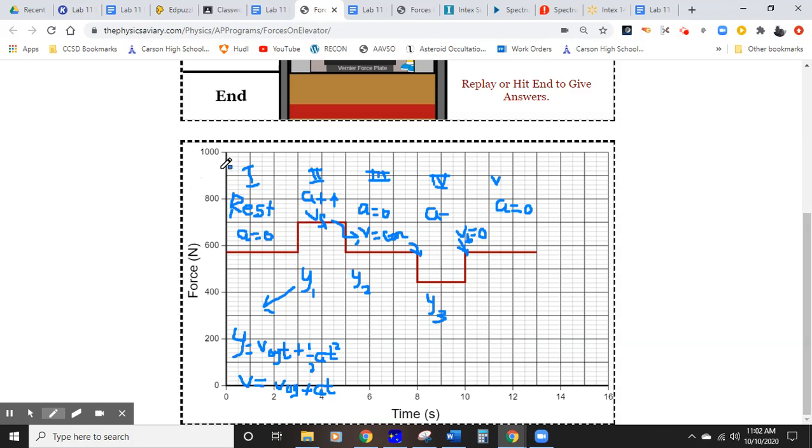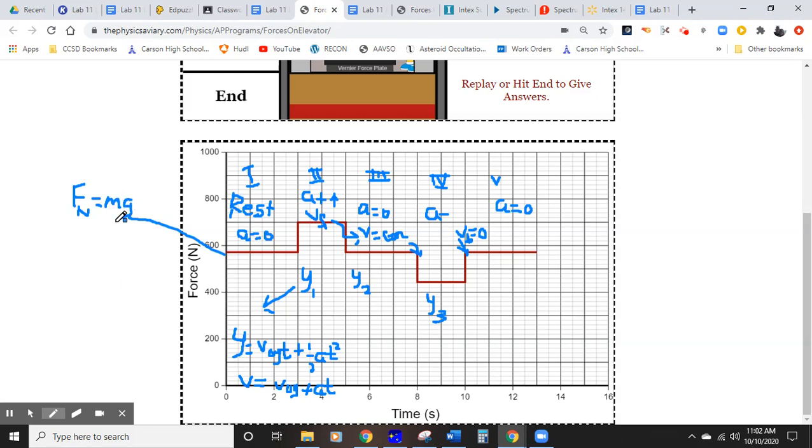Now, also I forgot from right here. When we're at rest here, we have to figure out the normal force, right? I figure out the person's mass. Here's the normal force. That's going to equal mg. So there's mg here.